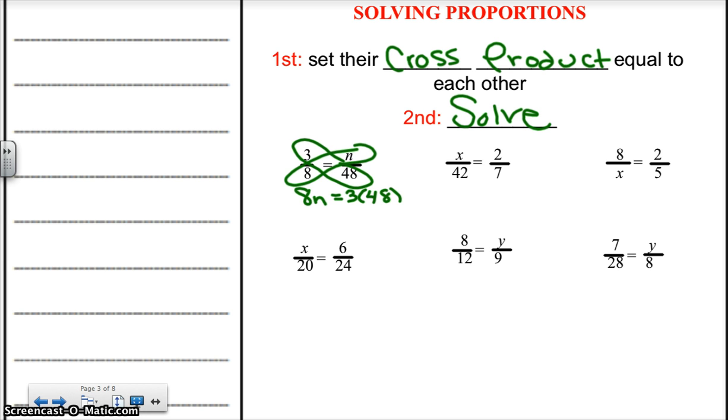I wouldn't write that in my work though. I would just figure out what 3 times 48 is first, which is 144. So I say 8n equals 144. This is 8 times n. To move times, you divide. So I'm going to divide through by 8 and I get n equals 18.